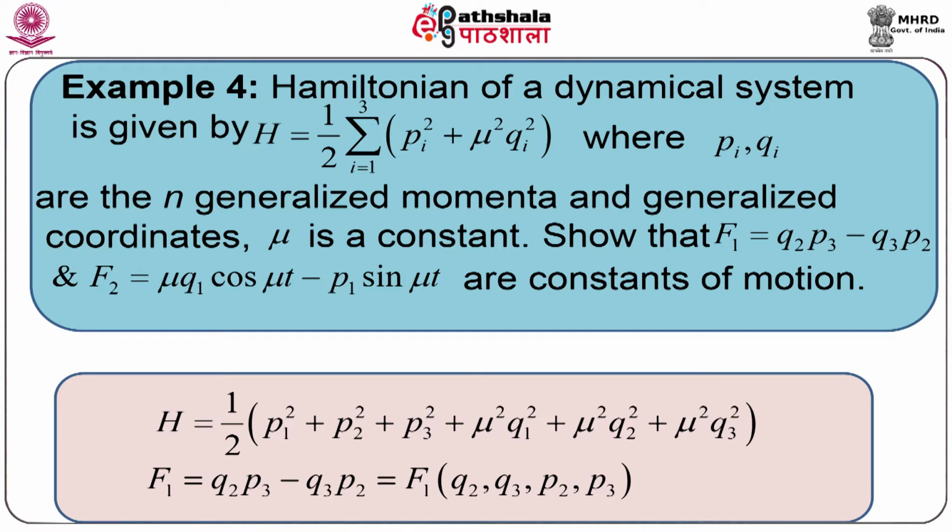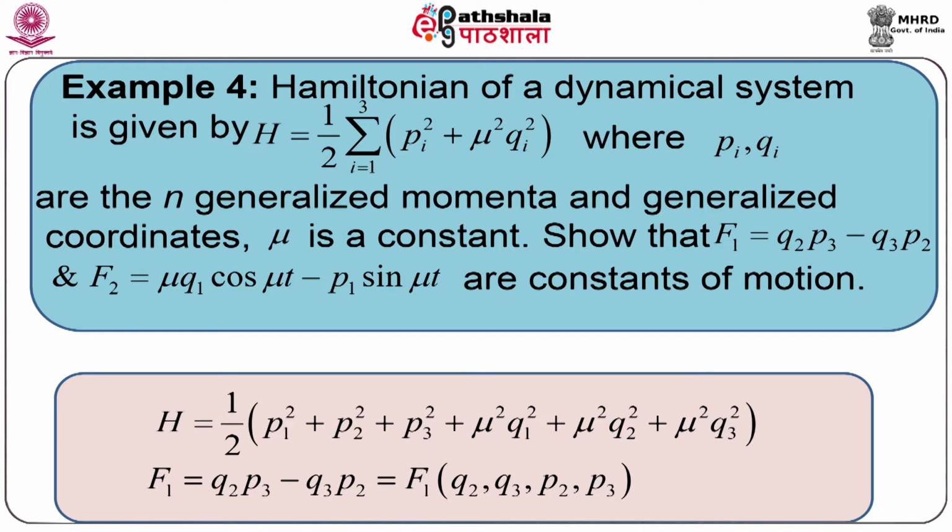Next example. The Hamiltonian of a dynamical system is given by H equal to half summation i equal to 1 to 3 of pi square plus mu square qi square, where pi and qi are the generalized momenta and generalized coordinates respectively.